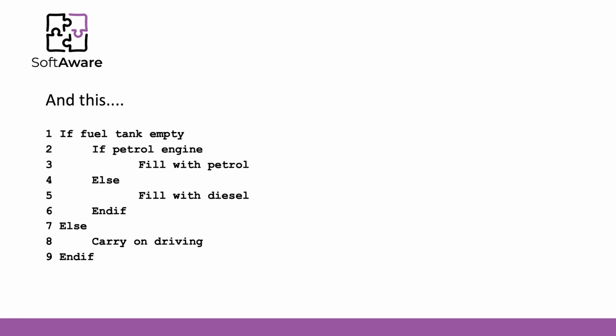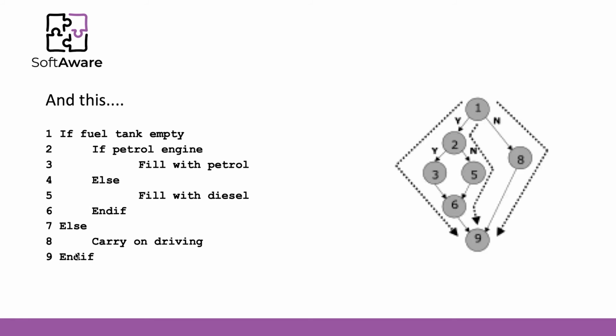Regarding this example, we have 9 lines of code. We have 3 statements. The statement that is present in line number 3, the other in line number 5, and the last one in line number 8.